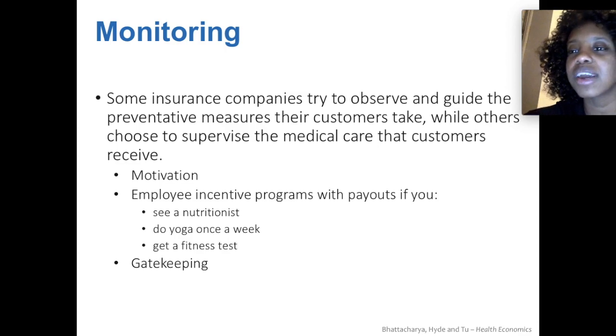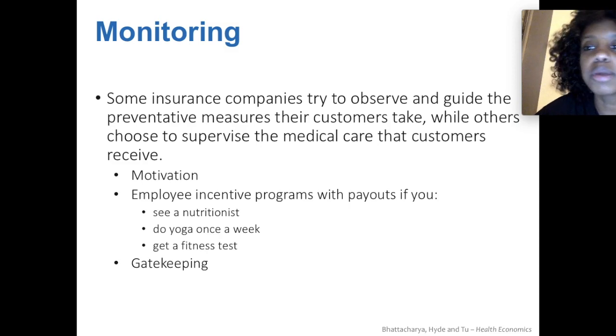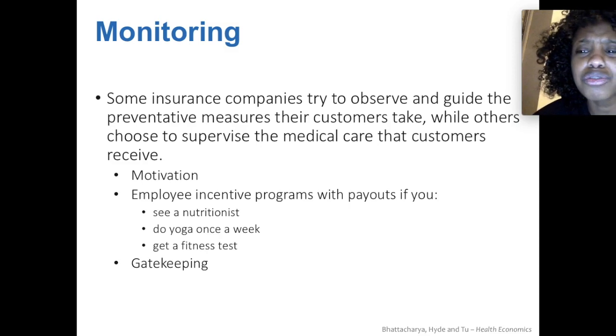Those are ways they try to limit moral hazard through monitoring people's behaviors. Also through gatekeeping, where you have to go see a primary care physician and then that person has to refer you to a specialist. It's a way of limiting ex post moral hazard, where an individual might say, I'd rather just go see the internist, but really perhaps a primary care physician could have covered it.